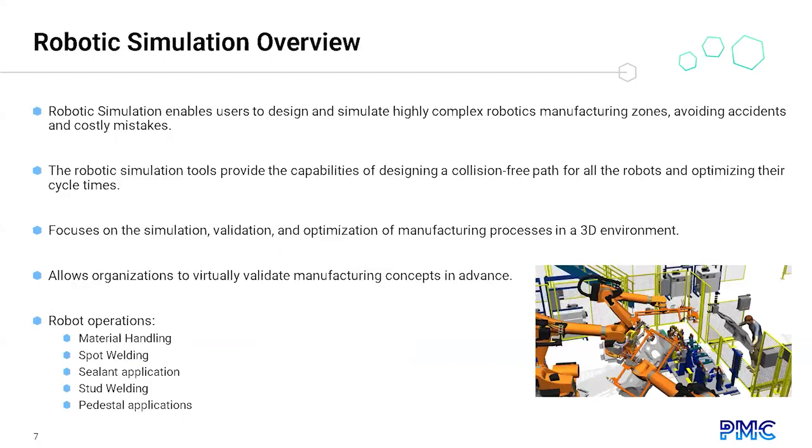So let's jump to a robotic simulation overview. Robotic simulation is a digital manufacturing solution that allows us to build, test, and validate a 3D manufacturing environment and to perform simulation of industrial robots. So we're able to simulate complex robot work scenarios. We can check interlock conditions.